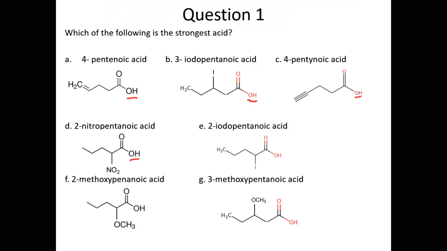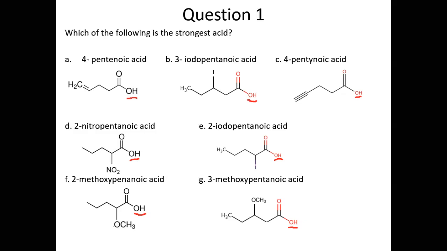That's the first thing you should realize. All of these acids have the H attached to an oxygen, so there's no difference there. First step: what element is the acidic proton attached to? They're all the same. We can't make any distinction there.